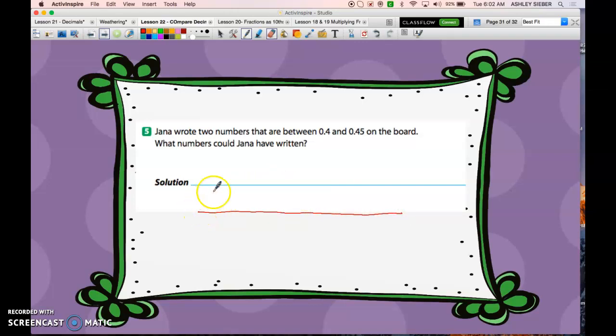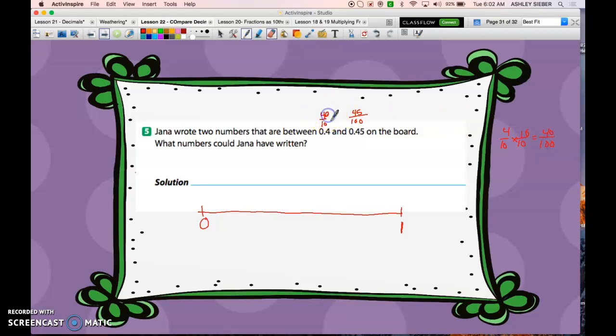I'm going to use a number line to think about this. I know that both of these are between 0 and 1. Now, I know that this means 4 tenths, and this means 45 hundredths. But if I change 4 tenths to hundredths, I get 40 hundredths.